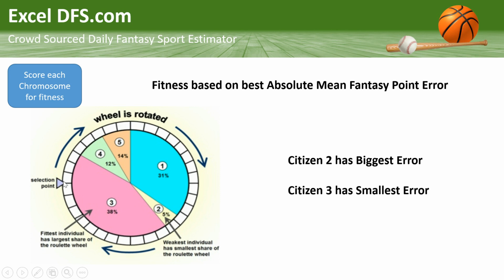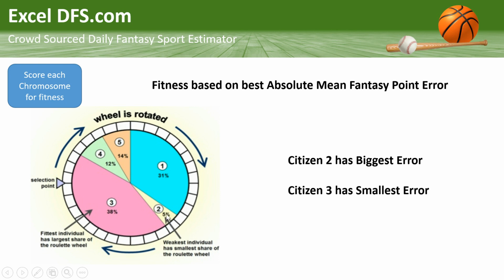Their proportion of the slots on the Wheel of Fortune is proportional to their fitness. So in this example, citizen 2 would have had the biggest absolute mean error in fantasy points, so its predictions wouldn't have been very good, so it gets a small section of the wheel.